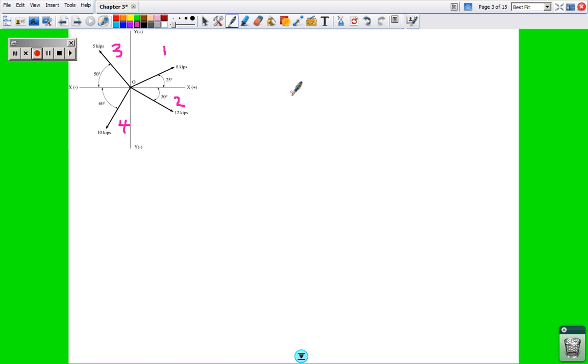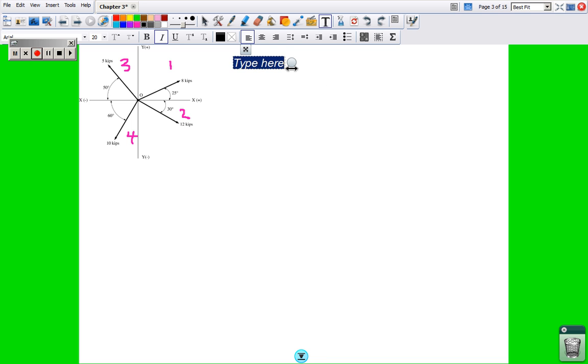And we're going to be using the general form: Fx is equal to F cosine of theta, and Fy is equal to F sine theta. Now those formulas are only true when our theta is measured from the x-axis.